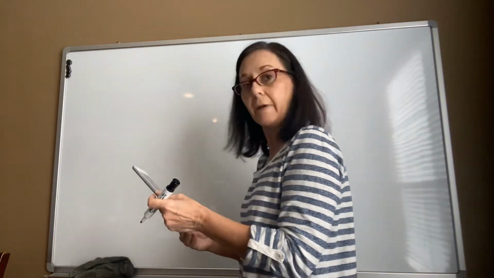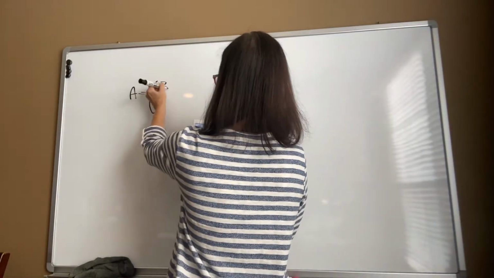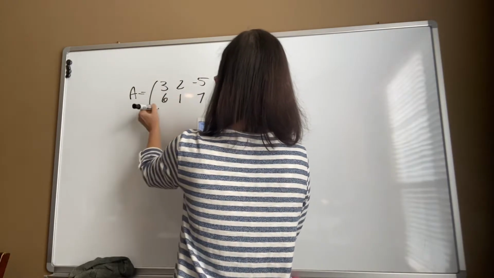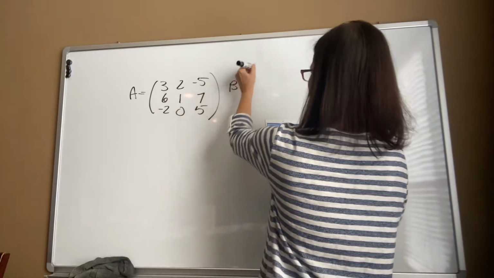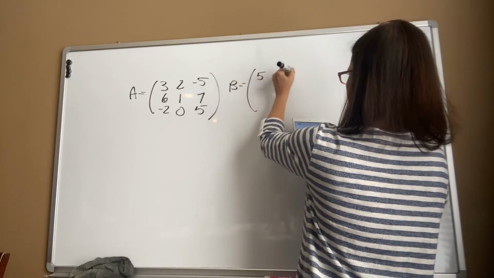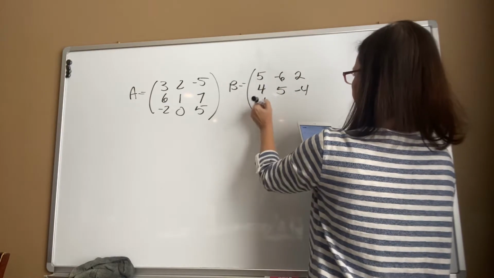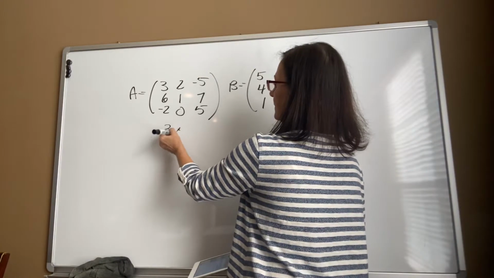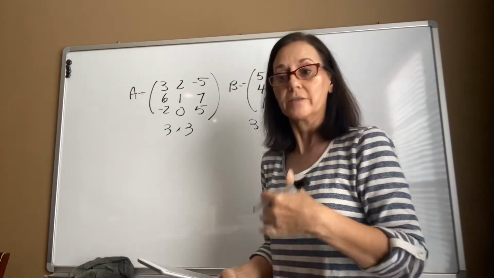A is a 3 by 3, and B is a 3 by 3. All right, when I have a 3 by 3 and a 3 by 3, I can add or subtract them.